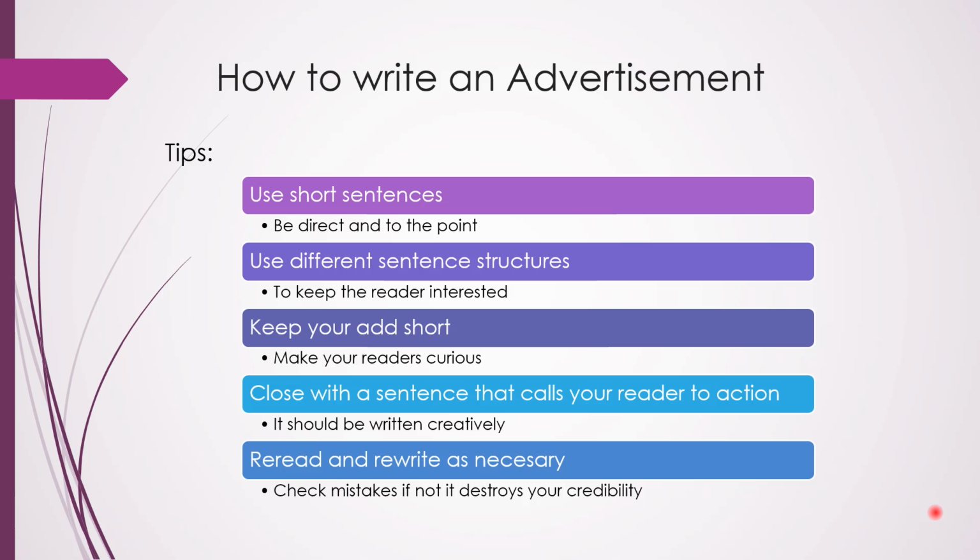For example, it can be commands like "Look here," "Only for 2 hours," "Today you are learning better." It can be in present, it can be in past, it can be in any tense, in order to keep the reader interested. The third one is to keep your ad short.